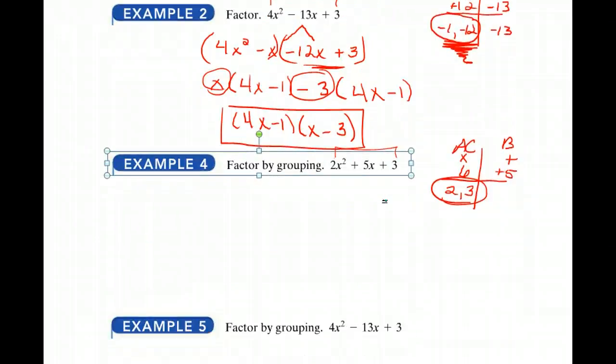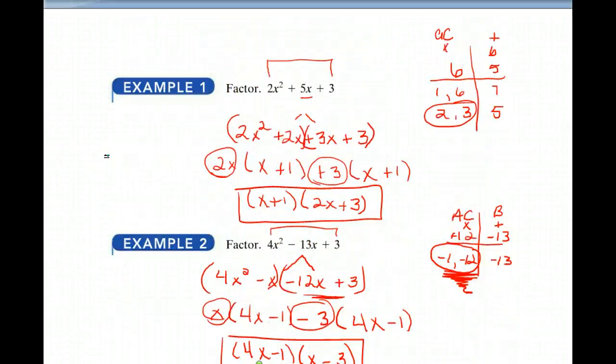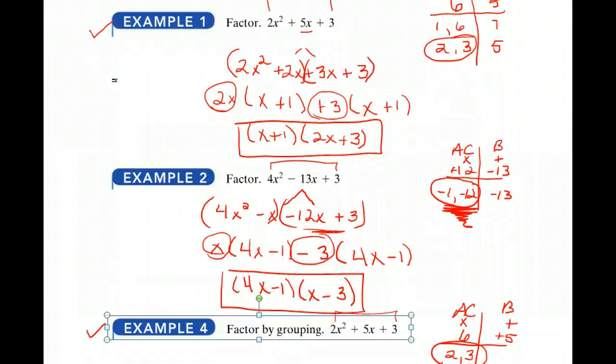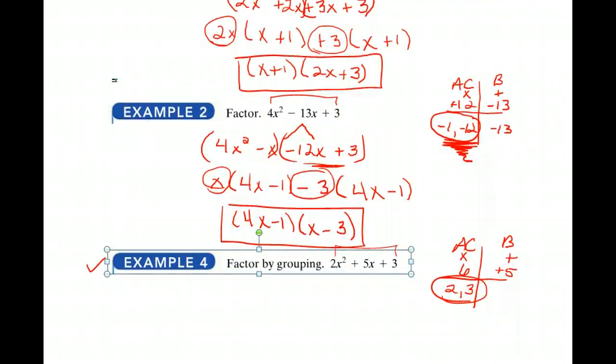I apologize, everyone. This is exactly the same problem that was in number 1. Your book tries to show, and I apologize for forgetting this, 2 different ways to factor this. Their first way is guess and check, which takes an extremely long amount of time.